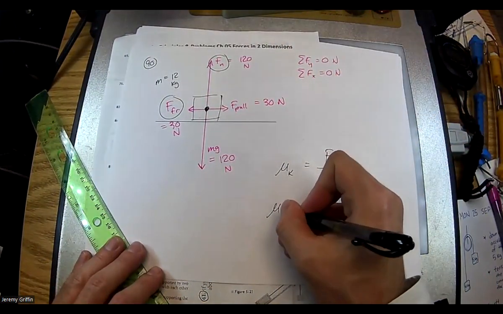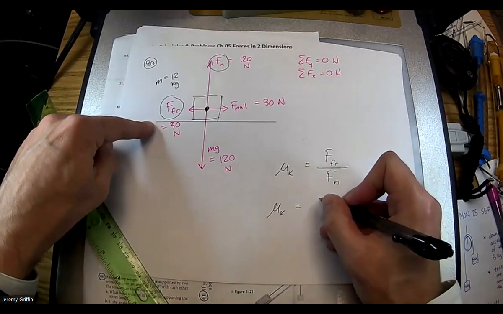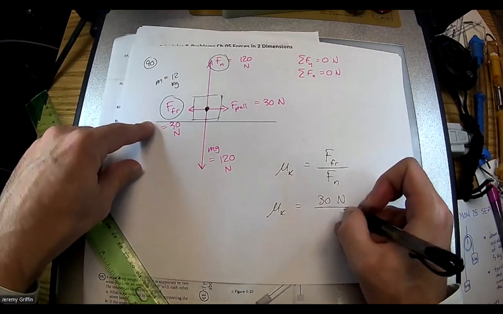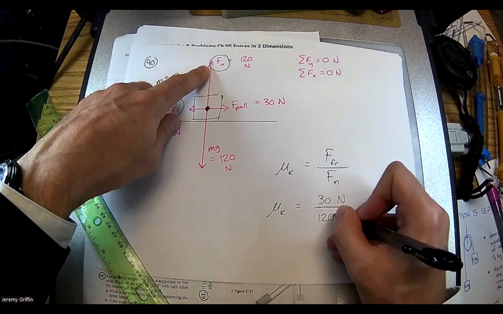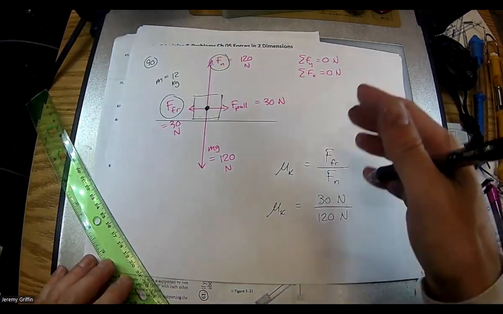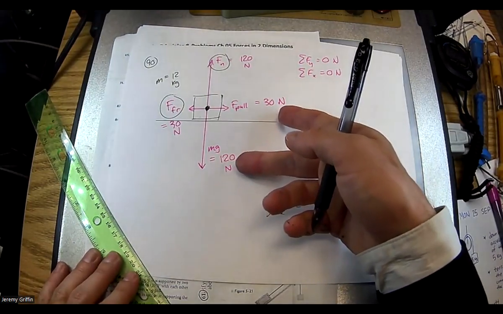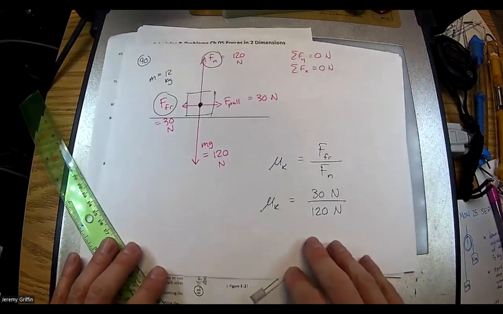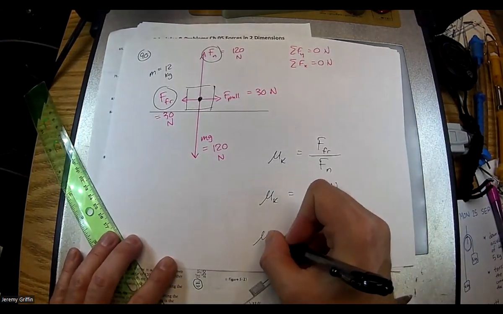So in this case, the friction force was 30 newtons. The normal force is 120 newtons. And we only know that because we know what the pulling force and the weight are, so they must be those values.